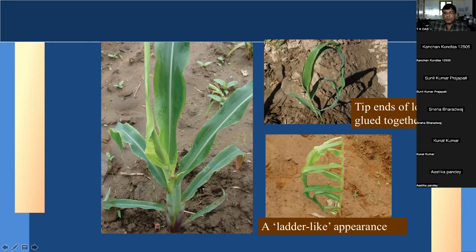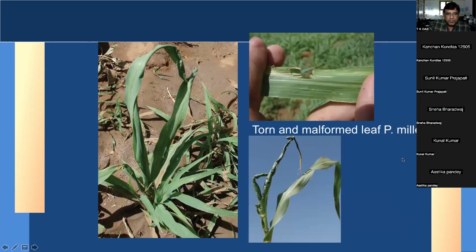This is quite a common symptom of calcium deficiency in cereals, particularly maize, pearl millet, and sugarcane. You can see it is in pearl millet. In pearl millet, you can see these kind of symptoms of calcium deficiency.